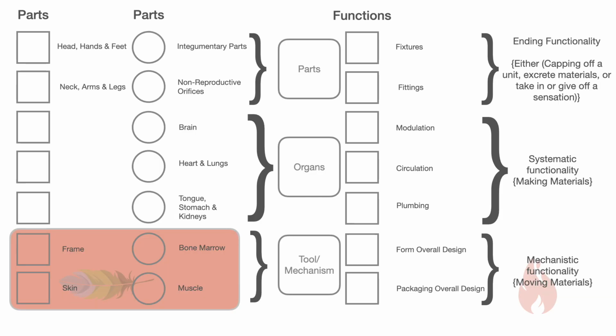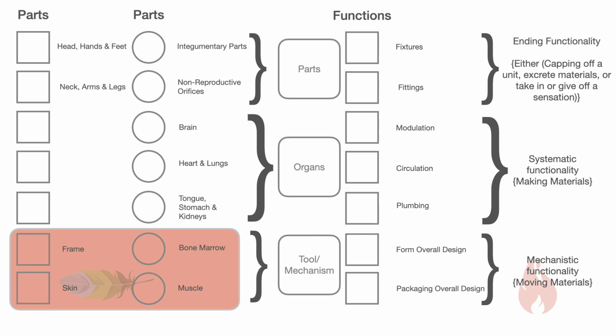Looking at the parts in the functions list, the parts that are highlighted there really compose the vast majority of the musculoskeleton. And again, as regards types of parts, those can be considered tools or mechanisms. What that implies is that they help with the job of either form or mobility.